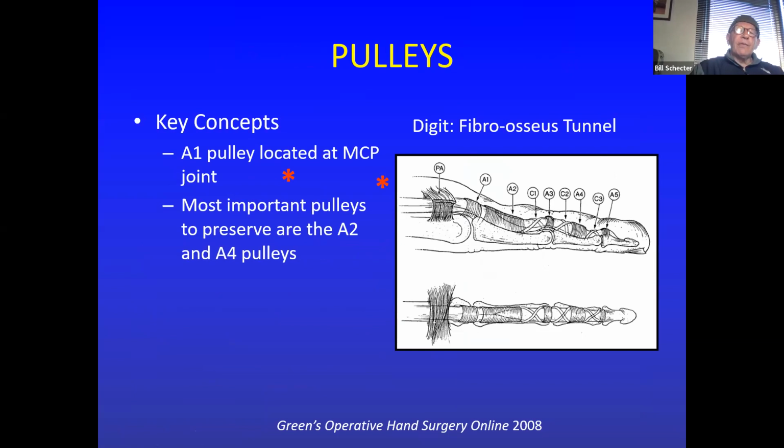And we have another key concept regarding this fibroosseous tunnel, and that is the pulleys. There are a series of very, very tight fascial bands which go over the fibroosseous tunnel, which are called pulleys, and they function to prevent bowstringing of the tendon.